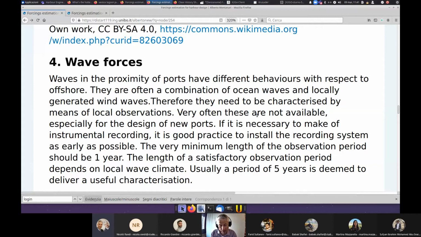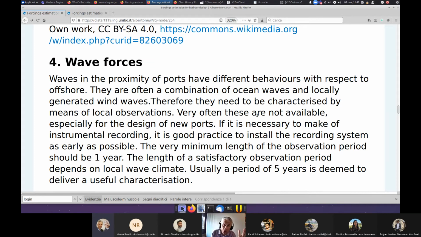And in some cases, it may happen that you don't have observations available. And in some cases, you may need to install monitoring systems in order to be able to collect at least a significant number of observations.